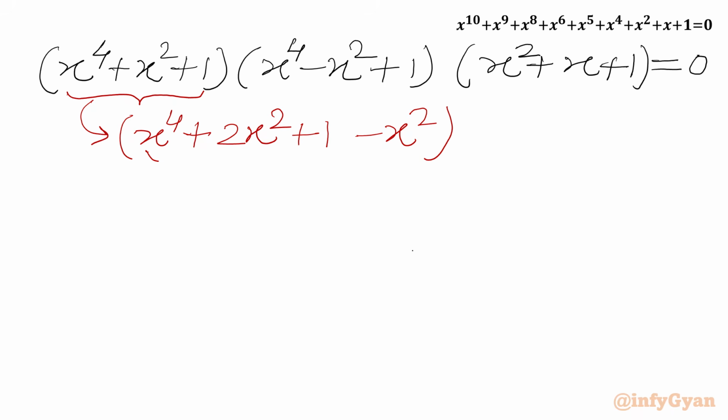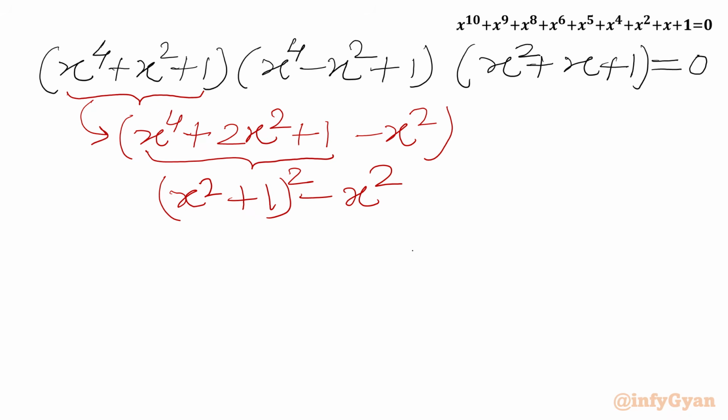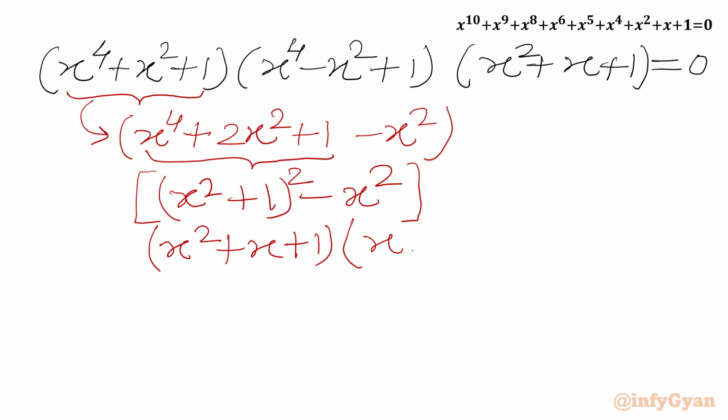Now from the first three terms, this is a perfect square of x square plus 1. Then we have minus x square. Again, we can use the difference of two squares formula over here. So we will get x square plus 1 plus x, which we write x square plus x plus 1. In the other bracket, we will get x square plus 1 minus x, which we can write x square minus x plus 1.